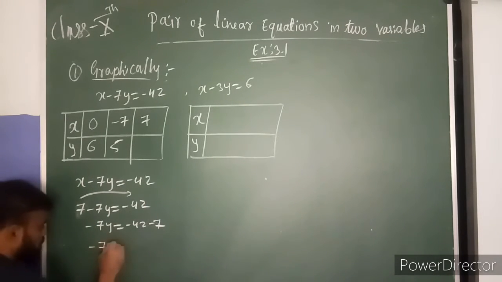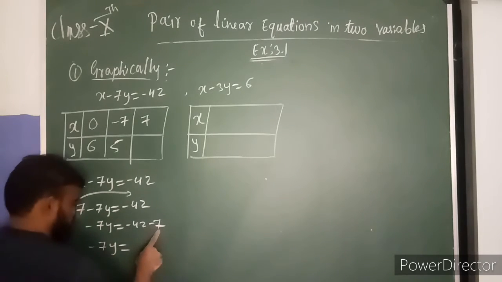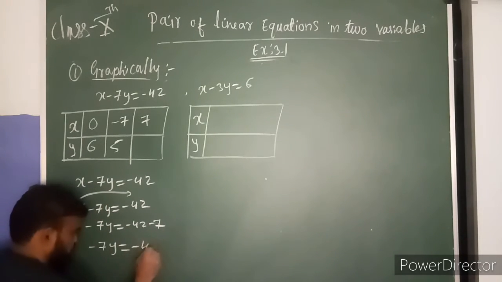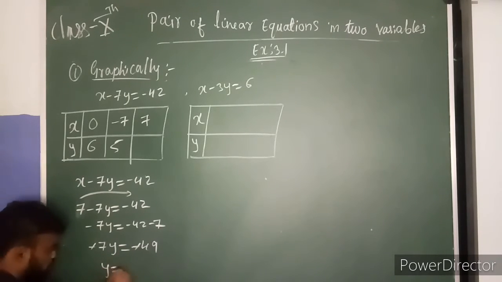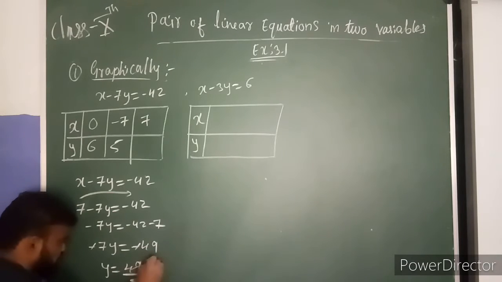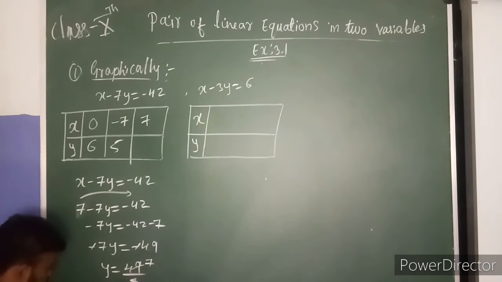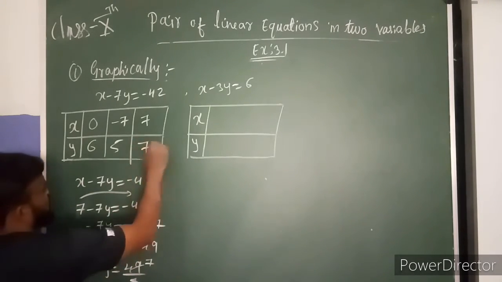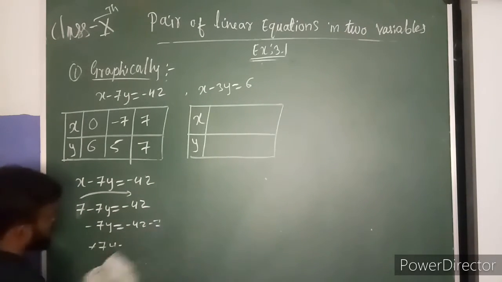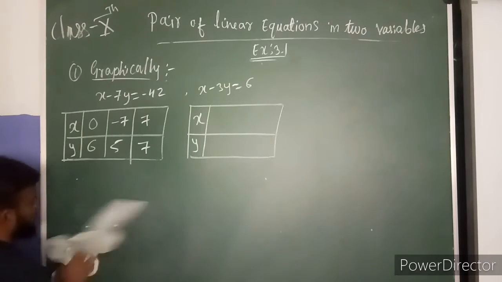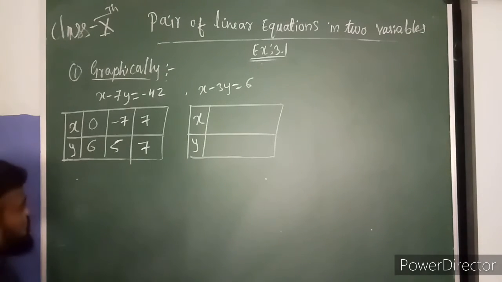So minus 7y is equal to minus 49. Minus sign and minus sign get cancelled. y is equal to 49 divided by 7. 7 sevens are 49. And y we got is plus 7. Did you understand? So here, what is the value? We got 7. Right?